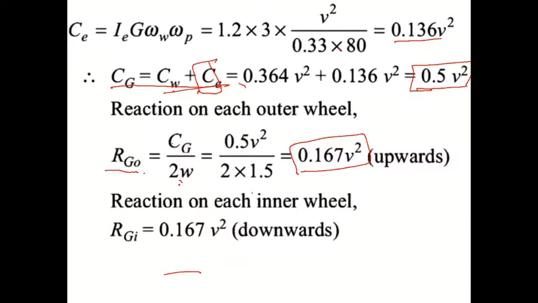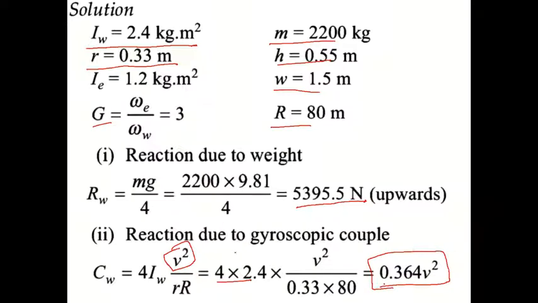For the outer wheel it will be in the upward direction, for the inner wheel it will be in the downward direction, that's all. Similarly, Cw also: for the outer wheel it will be in the upward direction, for the inner wheel it will be in the downward direction. Now we have to find out the reaction force.